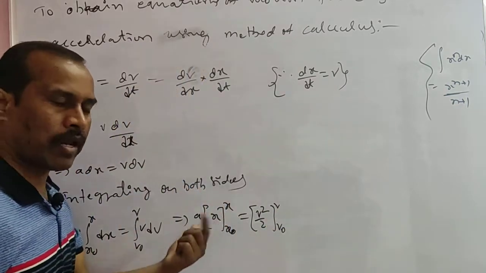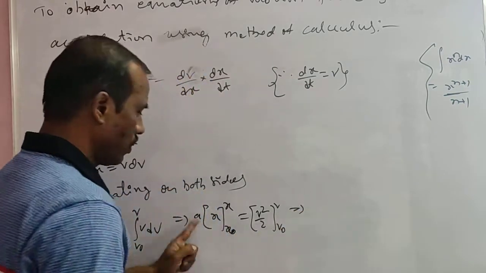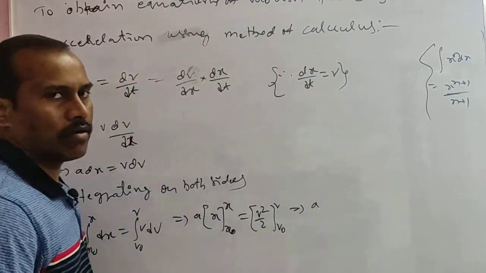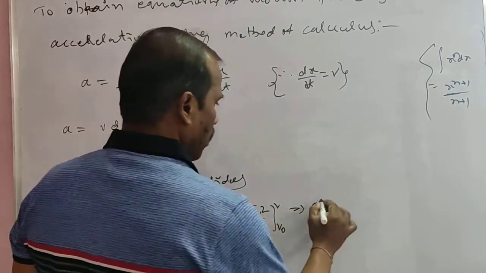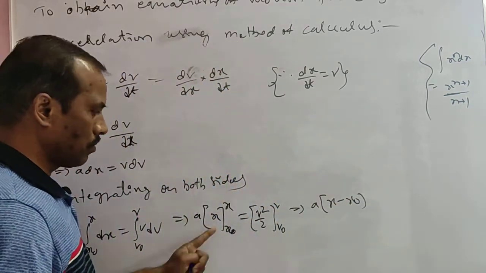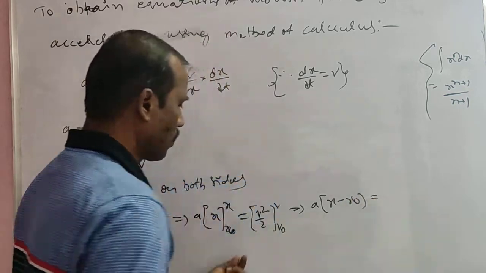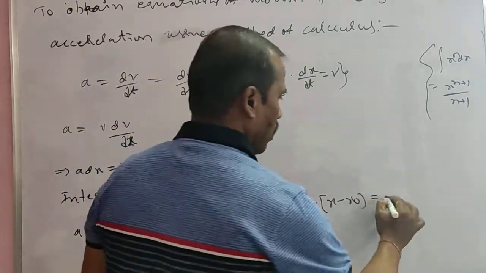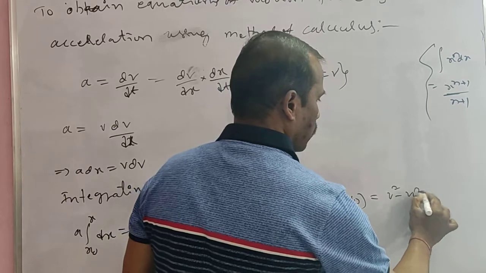Upper limit minus lower limit; a is a constant. Now x minus x naught is equal to v squared minus v naught squared by 2.